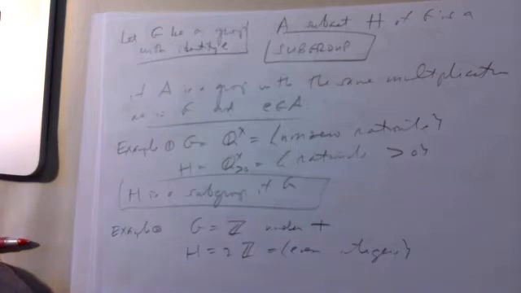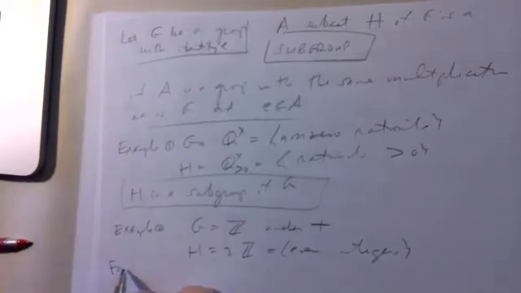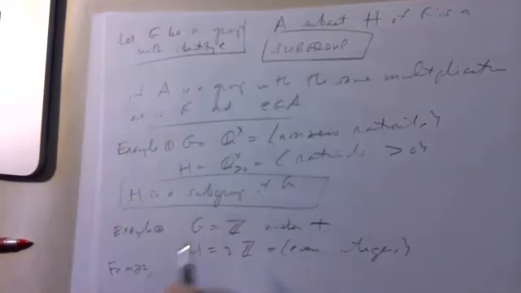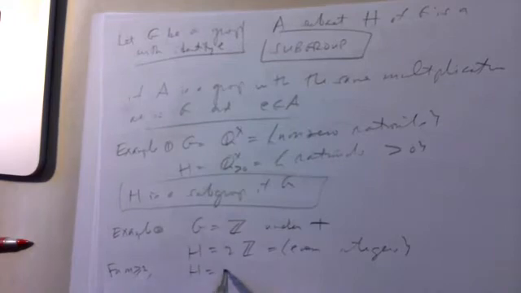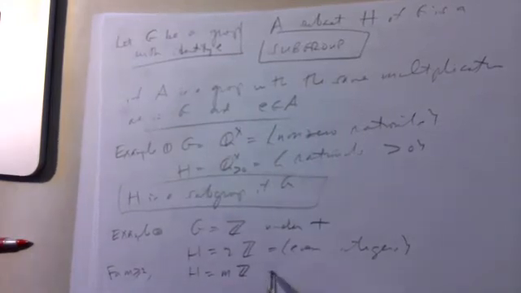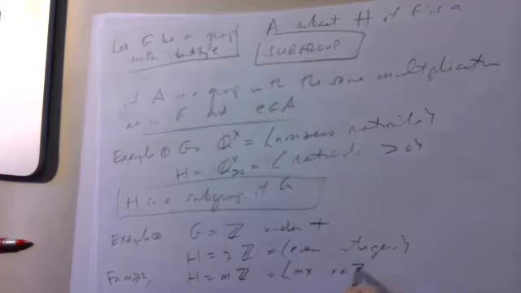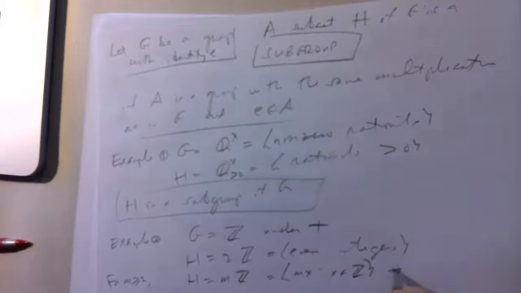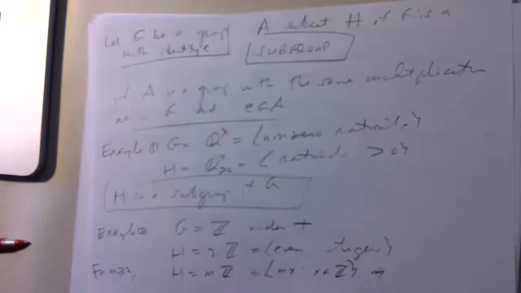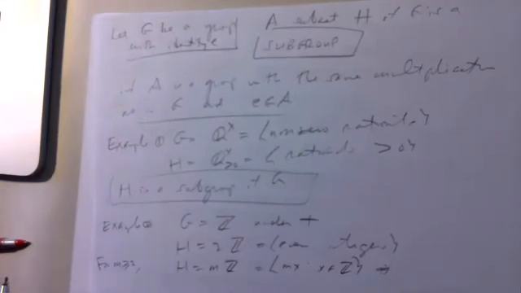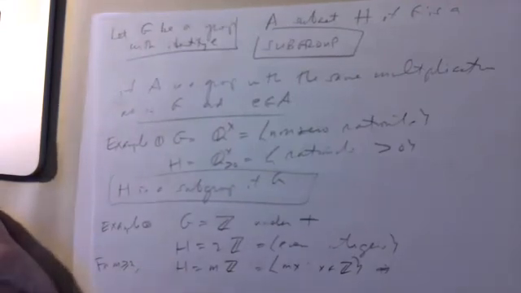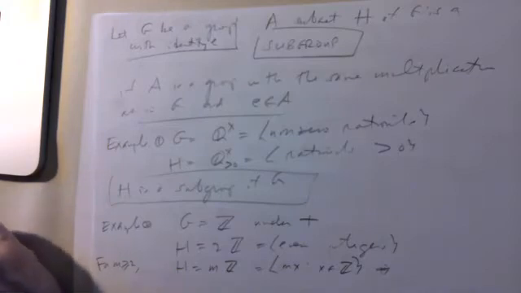The difference of two even numbers is even. So H is a subgroup of G. And in fact, for any m greater than or equal to 2, if you take the set of all multiples of m, this is the set of all numbers mx, x in Z, this is another subgroup. So 3Z, the set of all multiples of 3, is a subgroup.